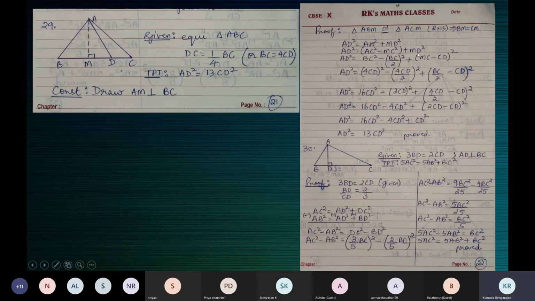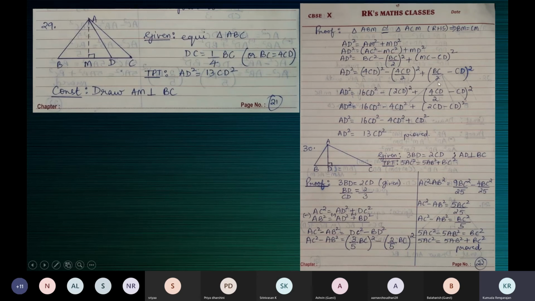What about MD? MD is not fine. So MD is written as, you can see here, MD is equal to MC minus DC. Here also MC is BC by 2 because M is a midpoint.